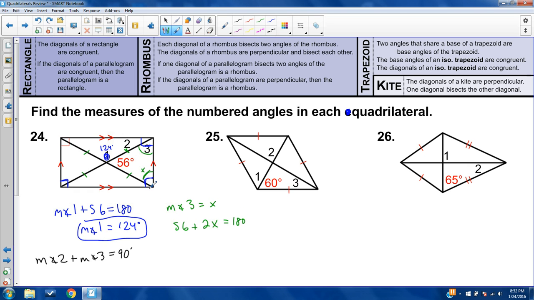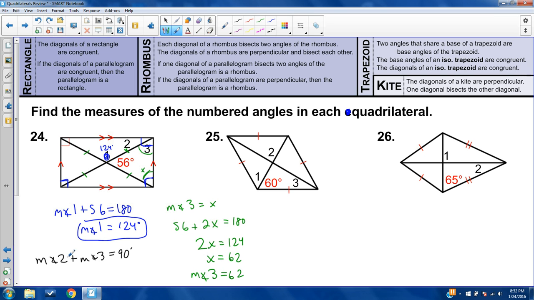I hope you see where I was going with that. Yes, these ones are congruent, these ones, and these ones. Anyway, 2x equals 124 again, and we get x equals 62, which is the measure of angle 3.